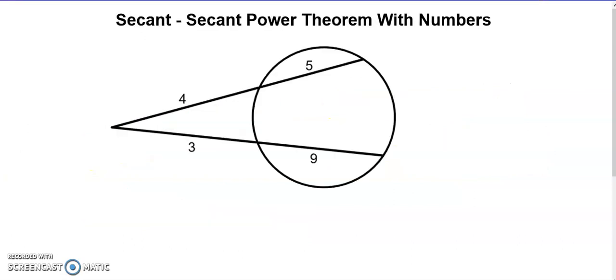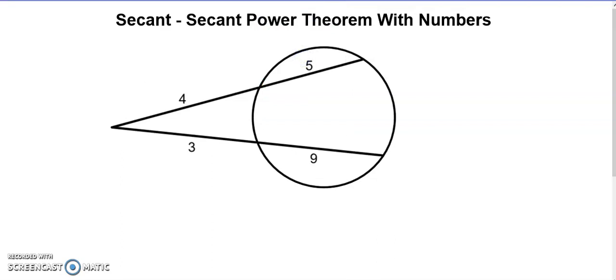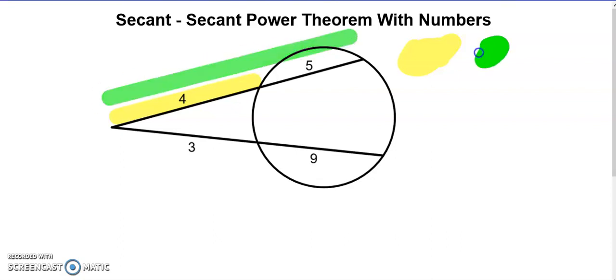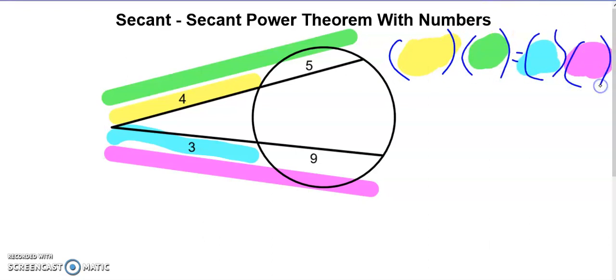So when we look at that in numbers, yellow times green is going to equal outside blue times whole thing, which is purple. Now pay attention to how we have to do this. Yellow is 4 long.